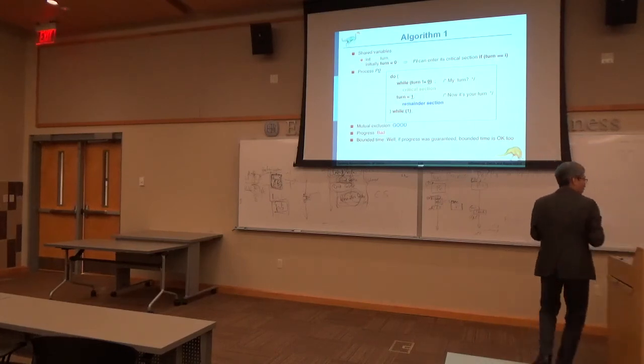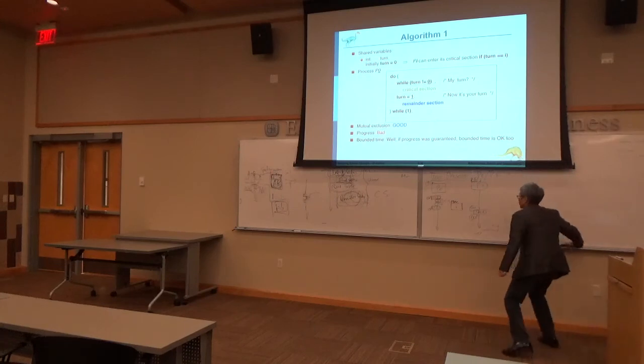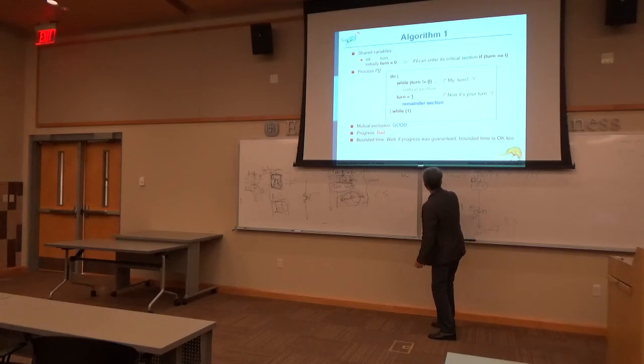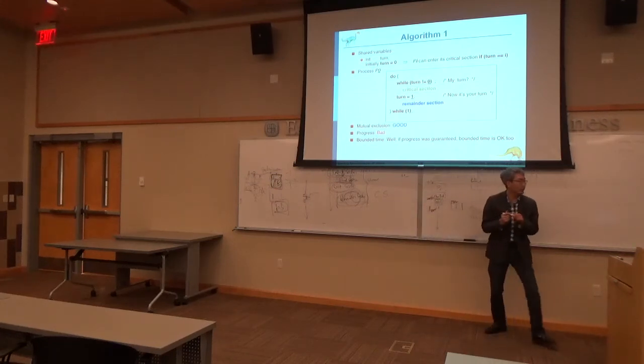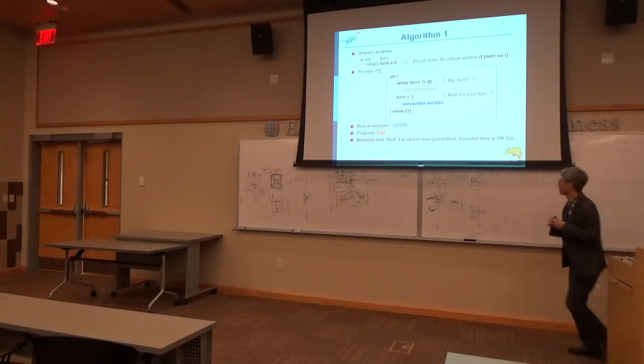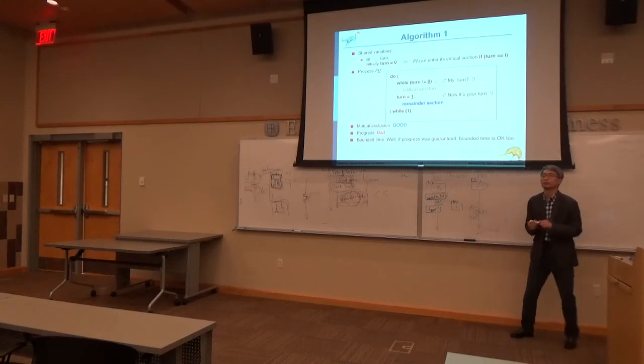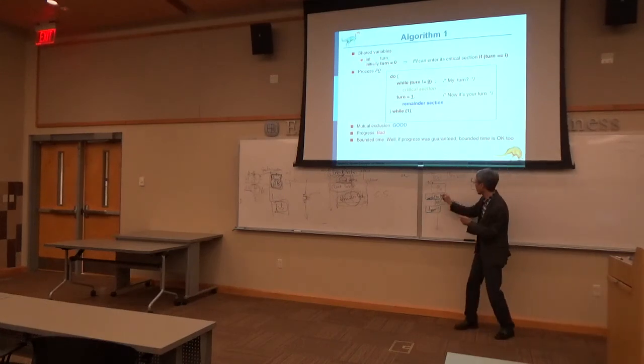Whenever you access this, the turn is not 0, and on exit the turn is 1. This code will be added by the operating system. It's not user code. User code is a thread, like this.